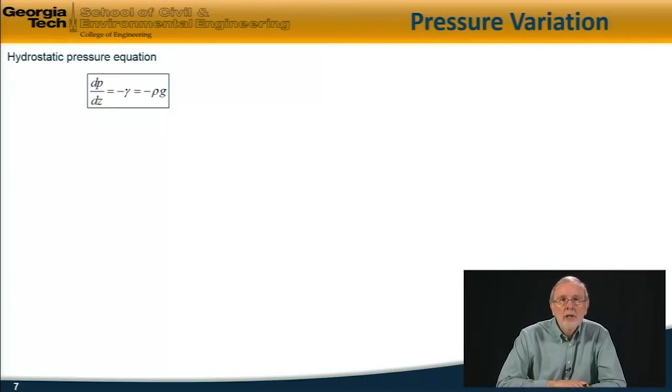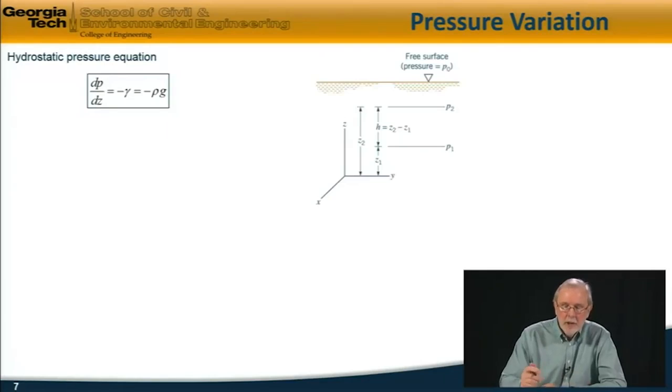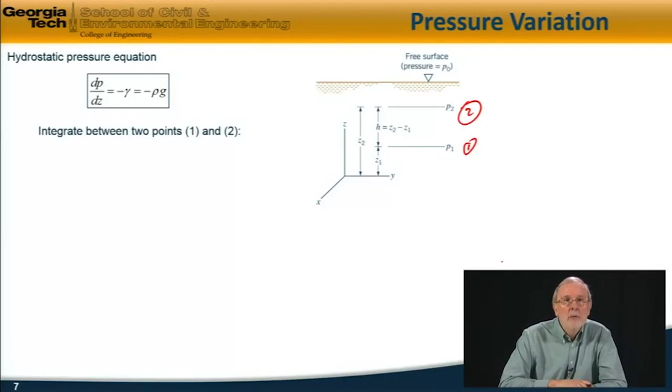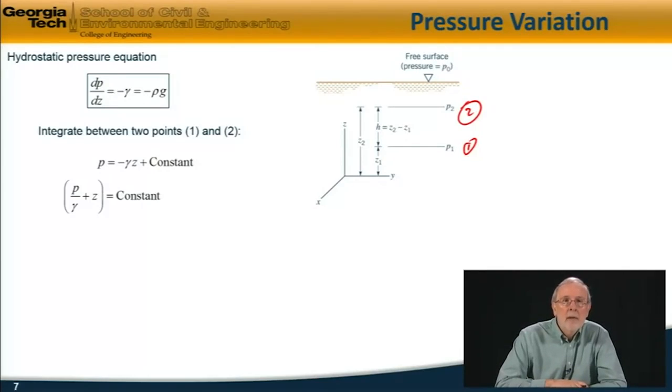Now, we can use this to derive the equation for how the pressure varies vertically, and this is known as the hydrostatic pressure equation, which we've just derived as dP/dz is minus gamma. So if, for example, I take two locations at some depths below a free surface at stations 1 and 2 here, and integrate that expression between the two points, I get P is equal to minus gamma z plus some constant of integration, which I can rewrite like this, as P over gamma plus z is equal to a constant.